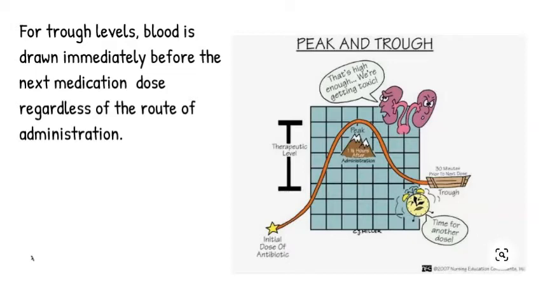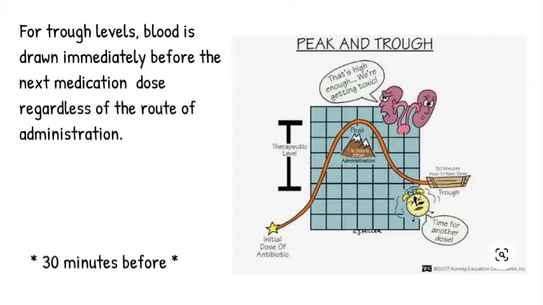You're going to see peak and trough levels drawn with certain medications such as vancomycin. Vancomycin is an IV antibiotic we commonly give for patients with MRSA or some type of overwhelming sepsis. We have to monitor their peak and trough levels with vancomycin.